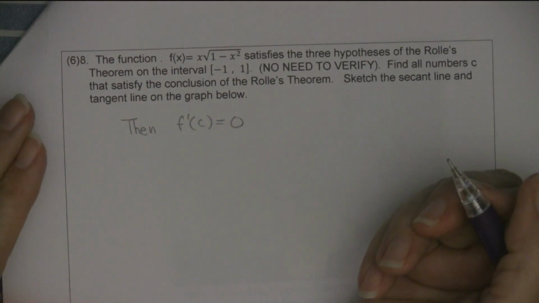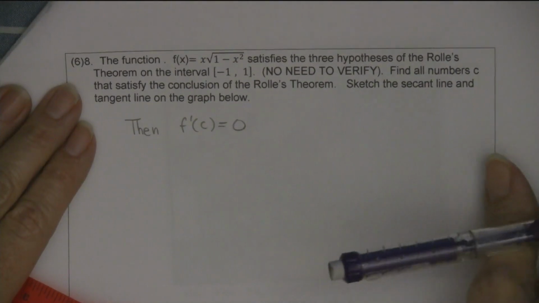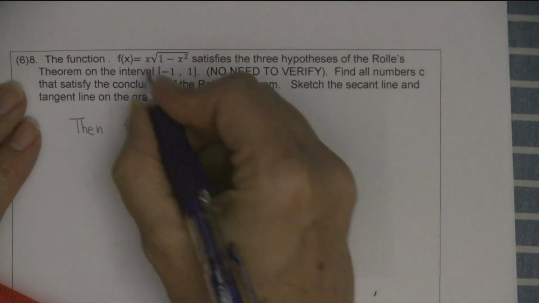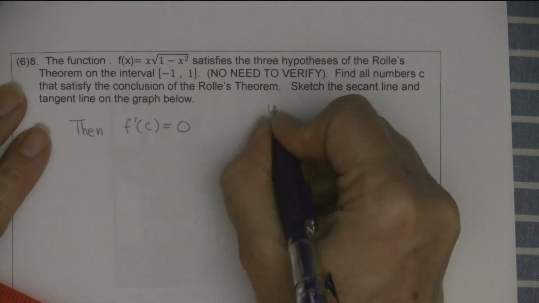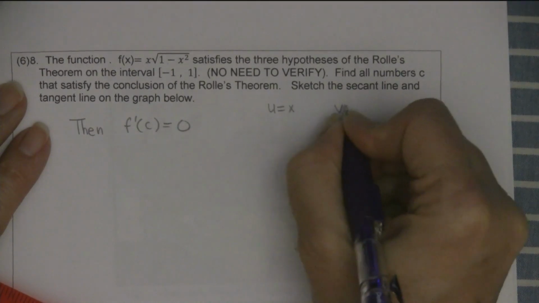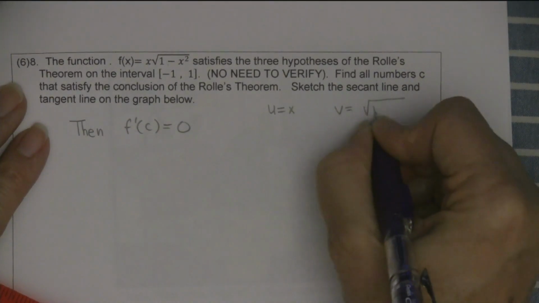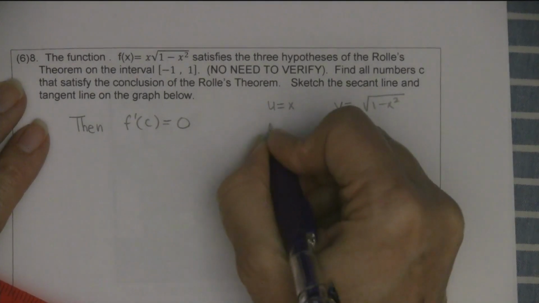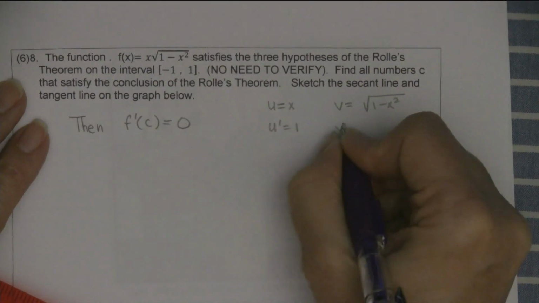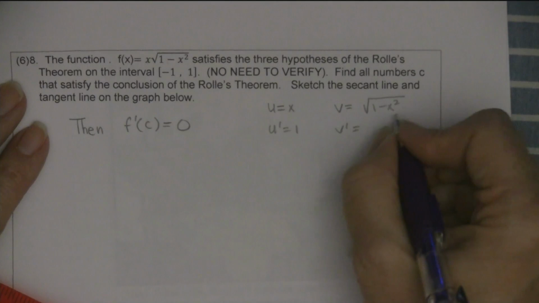So I need to find the derivative. Wherever you want to find your derivative, it's a product rule. So u equals x, and v equals the square root of 1 minus x squared. u prime equals 1, and v prime, I have to use chain rule.